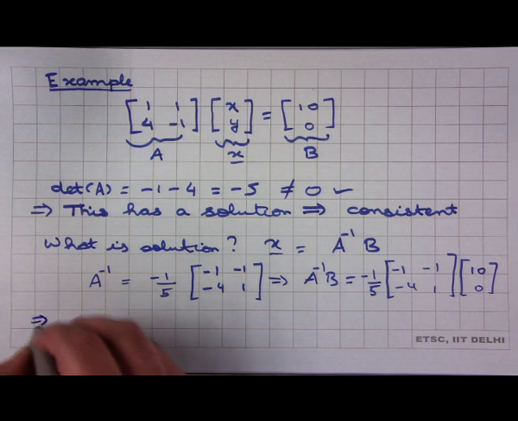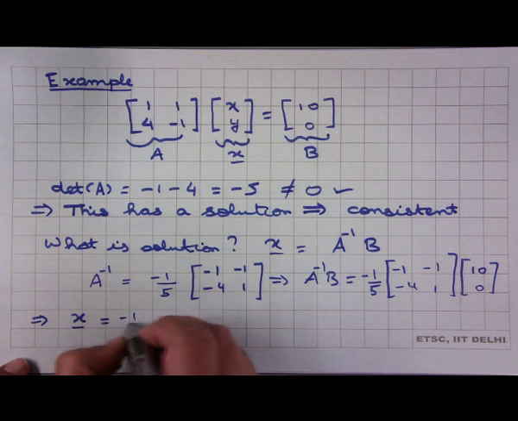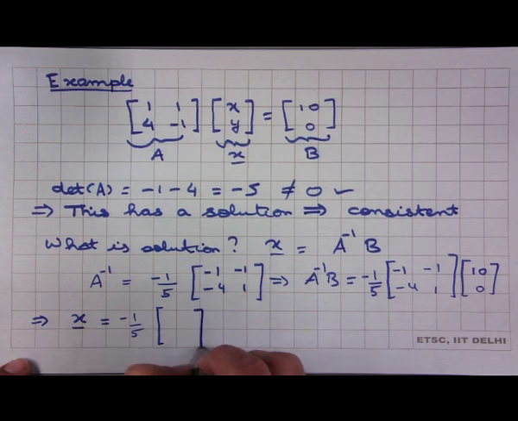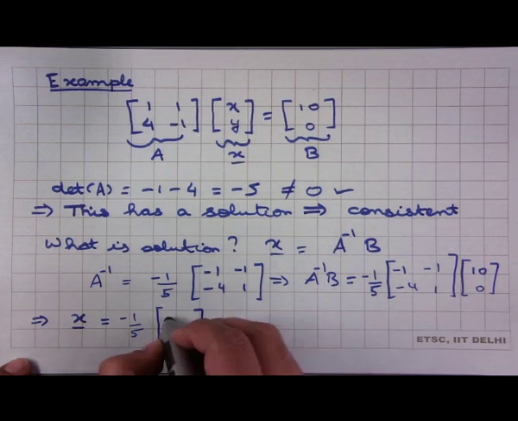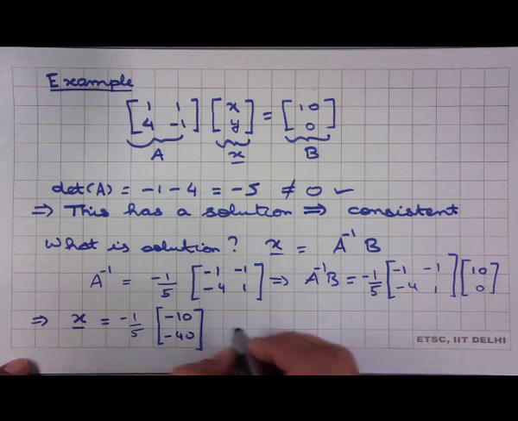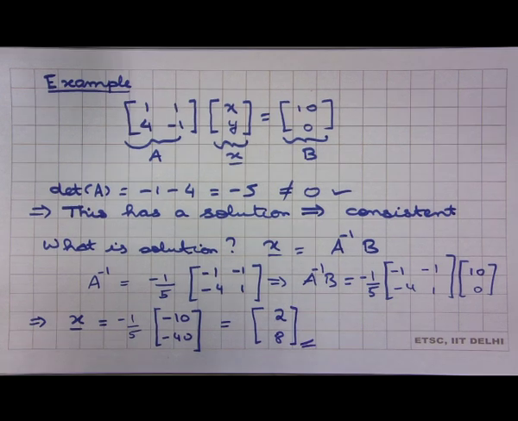So, this implies that x bar is minus 1 by 5 times minus 10 and minus 40. So, this is 2 and 8. So, this is the solution, right.